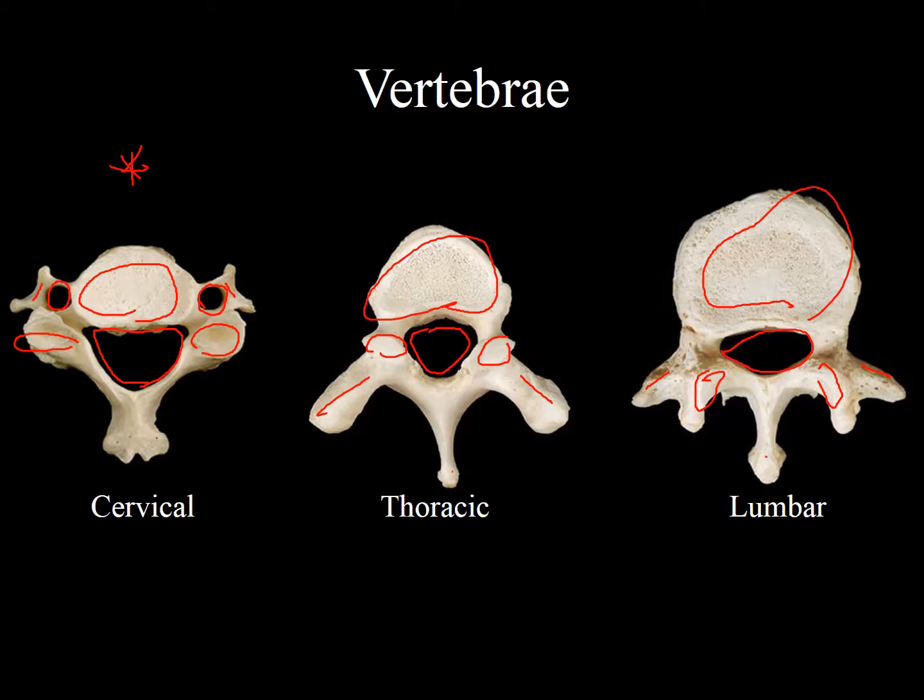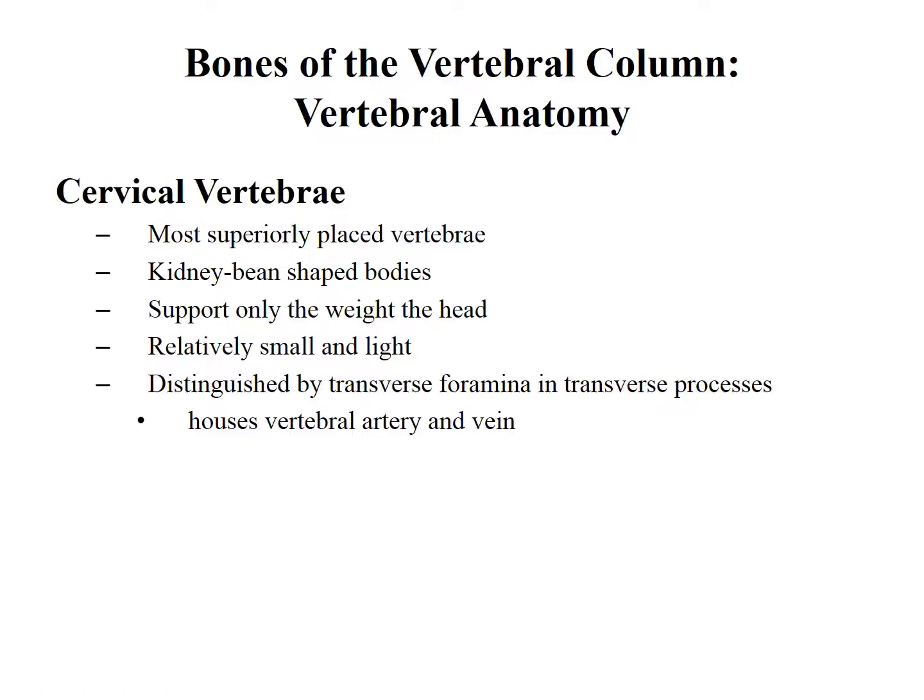So the transverse foramen are found on all cervical vertebrae, whether they're typical or atypical. Just to recap, C1 through C7 will have a transverse foramen found within the transverse processes.